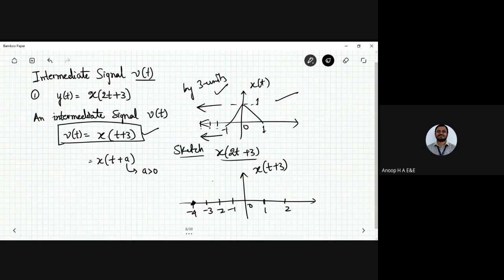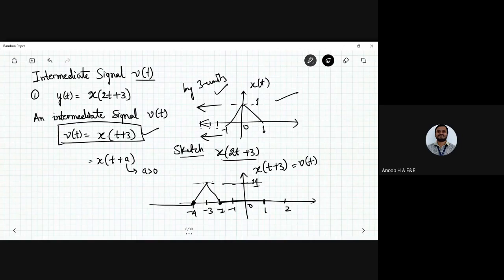So 3 will have the magnitude 1, and minus 2 will have a magnitude of 0. That is what represents the intermediate signal v of t. If you have not understood it, you need to translate the signal.